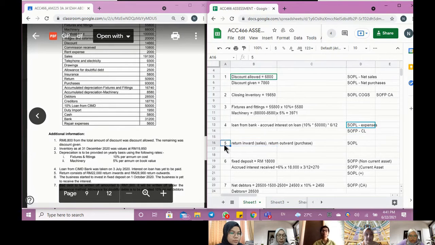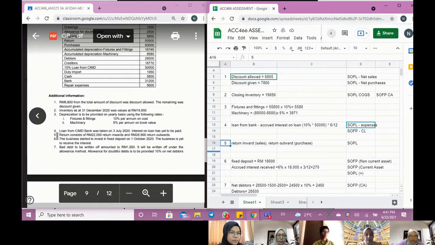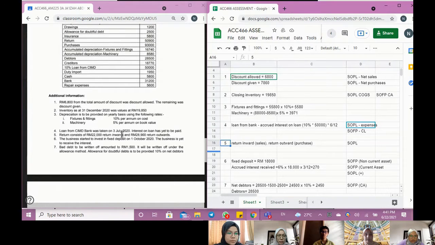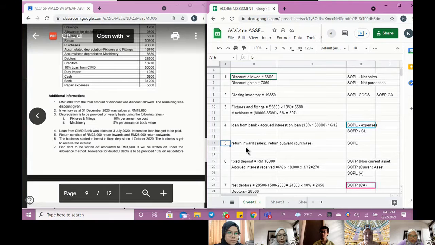For the next question, return consists of 22,000 return inwards and 28,900 return outwards. So the return inwards we should put in SOPL under sales. We need to minus it from sales, and return outwards from purchases. Also need to minus from purchases in SOPL.